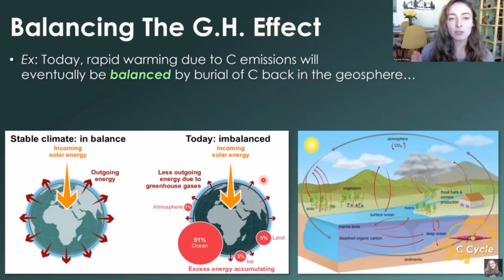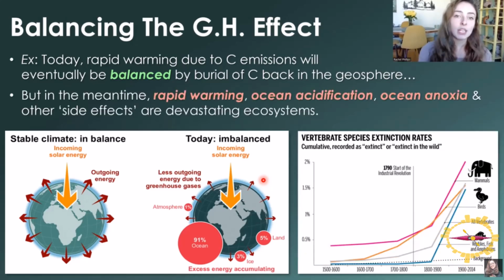So there's a lot of negative feedbacks operating that will eventually balance out the current trend in the carbon cycle, but these occur over millions of years, and in the meantime, they're having other side effects, like 1, the actual warming is one thing that's not great, 2, ocean acidification, and 3, ocean anoxia, and there's others, but these are the main 3 effects of modern climate change that are devastating current ecosystems and leading to major extinctions of many species that are not great.